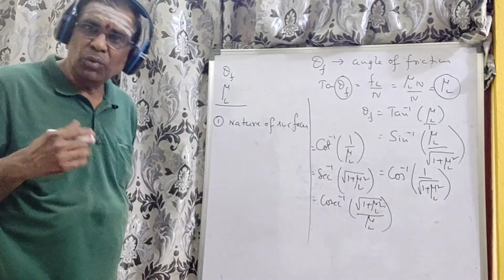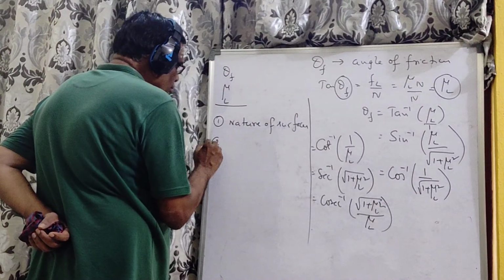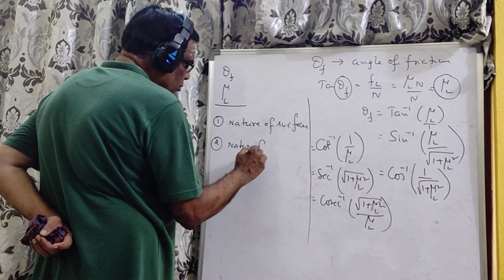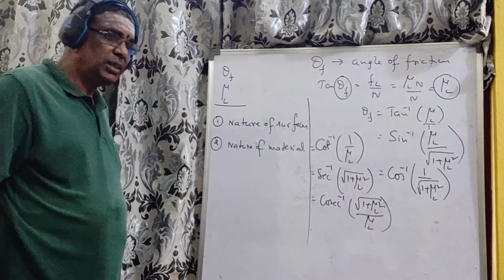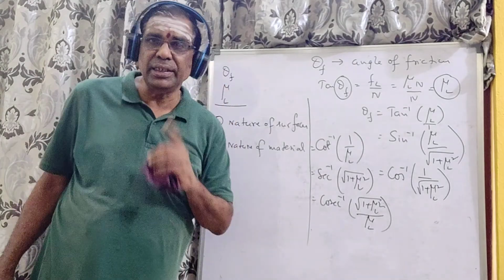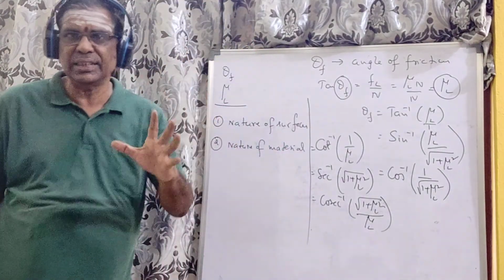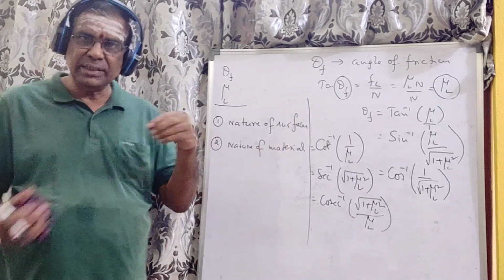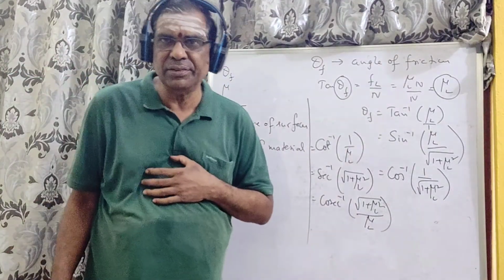That means are they more rough, less rough, etc. Nature of material. You see, when I talk of mu L or theta F, I will never talk of a single body or single substance, because unless two bodies interact, you will never get a mu L or theta F.